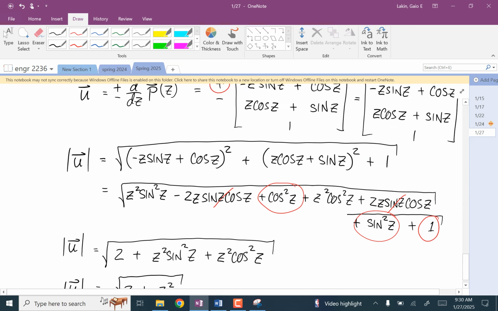The y component is 5 times the quantity z cosine z plus sine z times the quantity 2 plus z squared to the negative 1/2. And the z component is 5 times the quantity 2 plus z squared to the negative 1/2. And that is the velocity at any instant as a function of z.